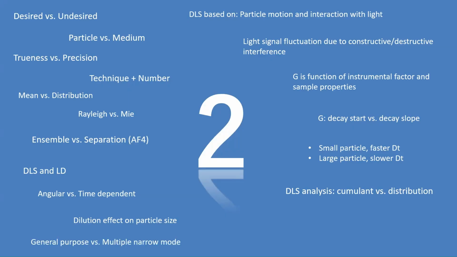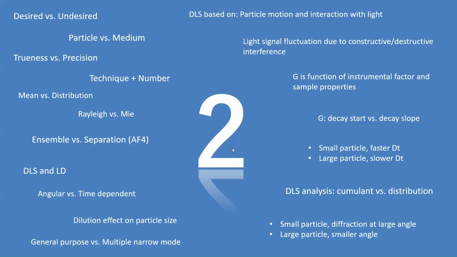For DLS, there are two ways of analyzing distribution data, general purpose and multi-narrow mode. The difference is the regularizer setting, basically for multiple peaks. You can assume whether they're there, so you apply a different regularizer setting. In terms of laser diffraction, remember that smaller particles always scatter at a larger angle, while larger particles result in a smaller diffraction pattern.